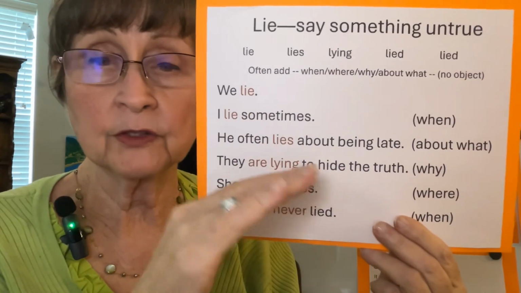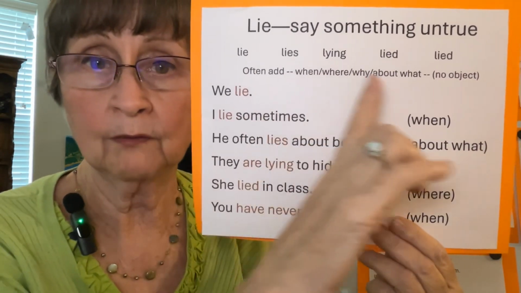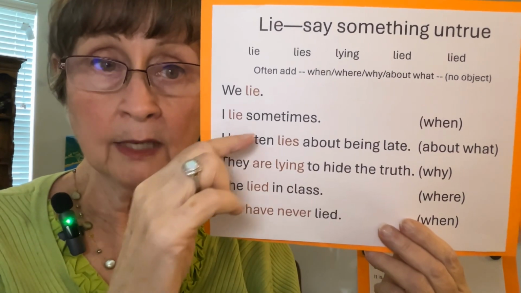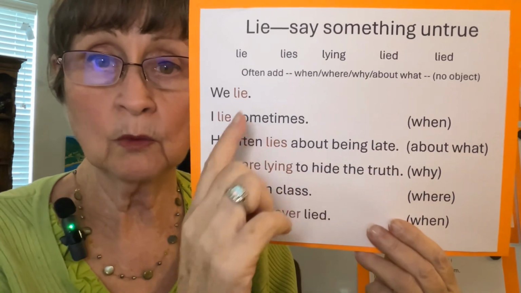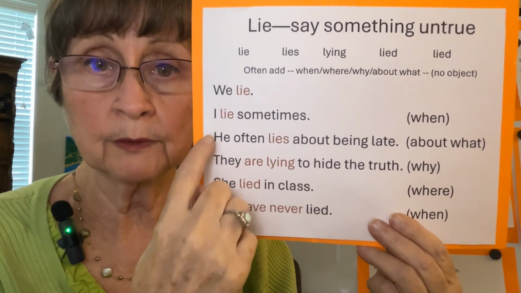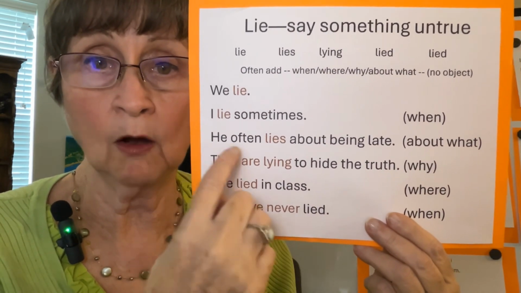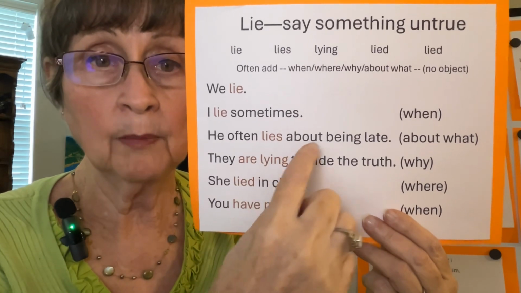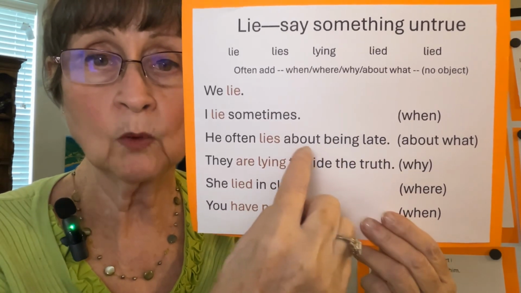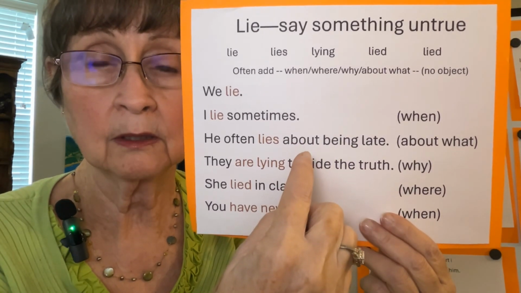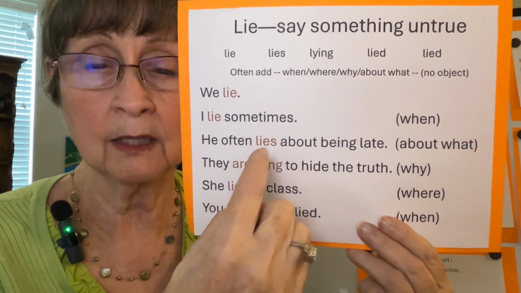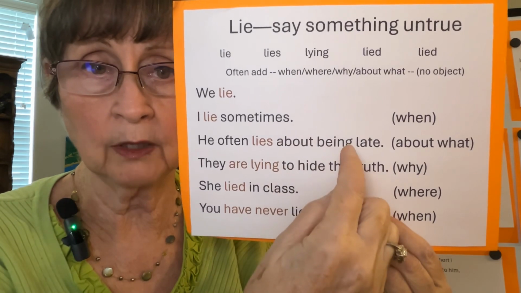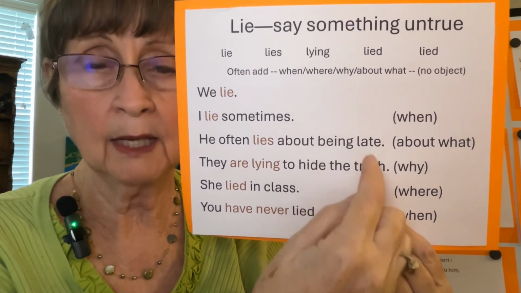We lie, that's a simple sentence, no adverbs. I lie sometimes, I added when, but these are both first form verbs. And here's second form. He often lies about being late. That's what he lies about, but it's not what he lies. He often lies about, preposition phrase, being late.